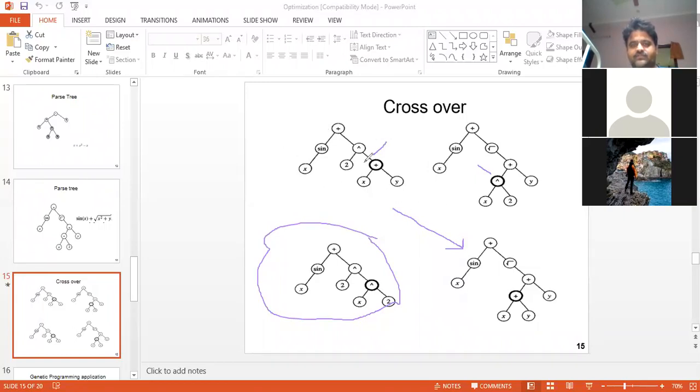That's why the first part is chosen and copied here, and the second part is here. If you swap them, first considering the first parent and then the second parent, you will get another parse tree. This is how the crossover operation is useful.